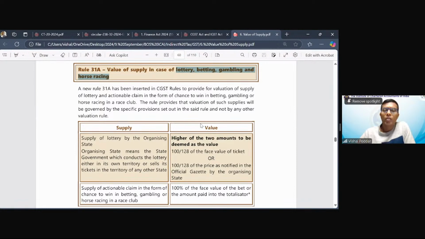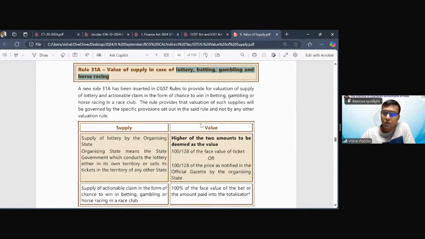So the lottery vendor is selling you the lottery ticket where you are paying the consideration of 100. And this lottery ticket which the vendor is selling you is an actionable claim. Why is it an actionable claim? Because tomorrow if you win this lottery, you are able to claim this amount by filing a case against the lottery company in case they are not paying you.